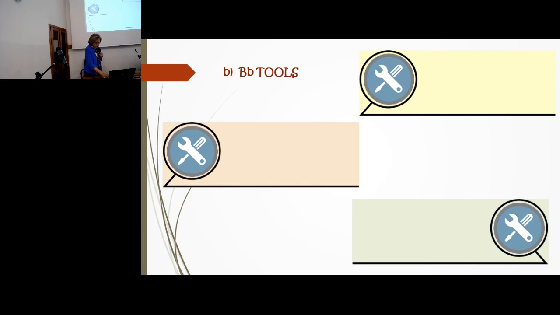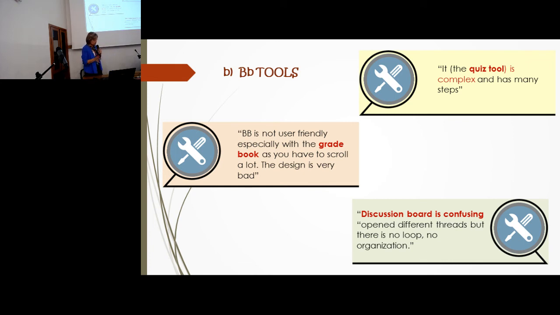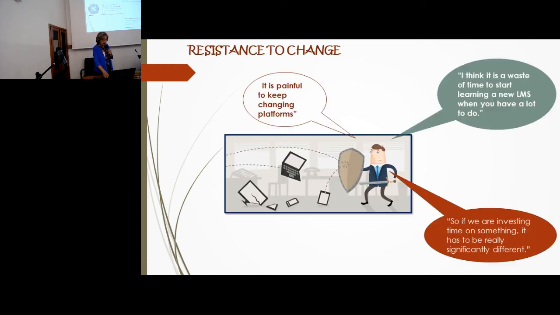About the tools, they didn't like the quiz tool because it was complex. Some didn't like the grade book because it is clunky, and they found the discussion board confusing. So it doesn't look like we were using it very much, and they don't seem to like it, except maybe for the basic things.